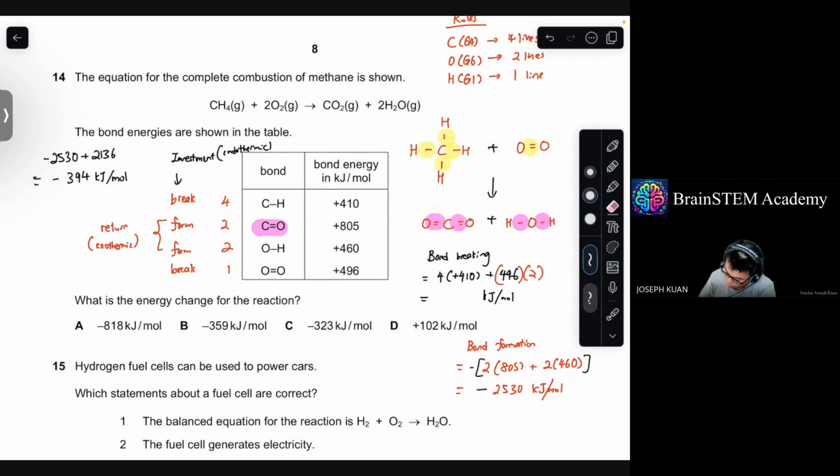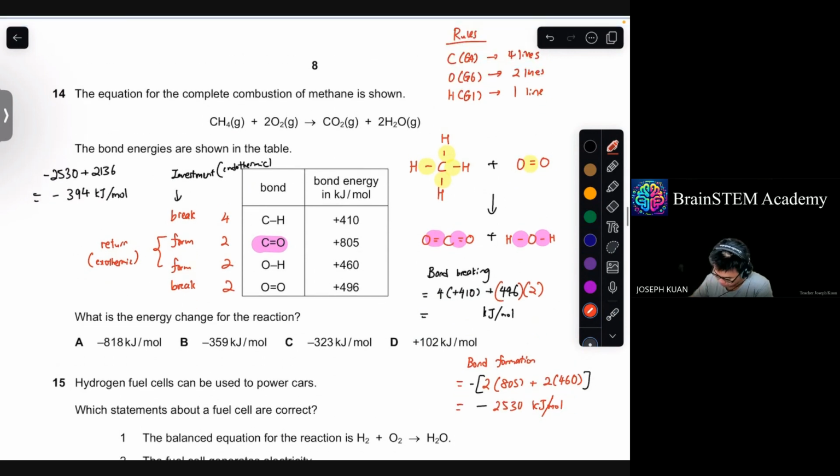So this one you change to 2. Let's just recorrect this. Okay, let's do that. Don't panic.